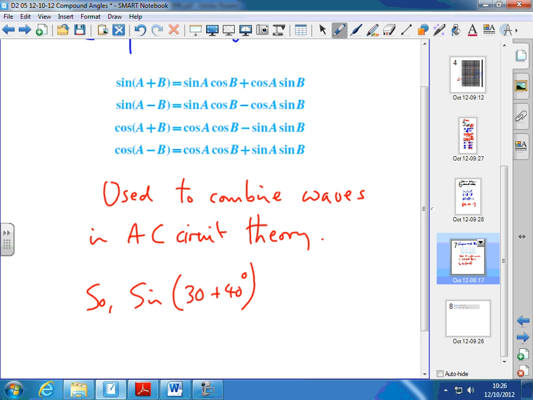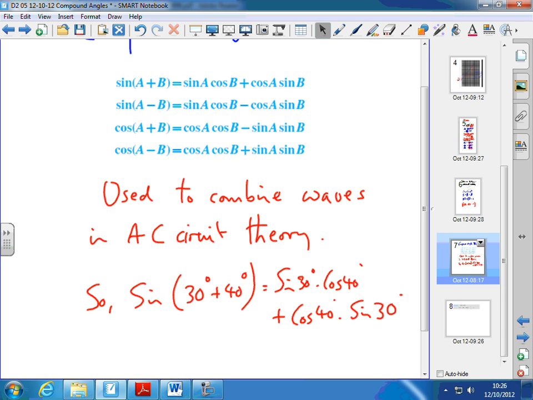And it can be written as the sine of 30 degrees multiplied by the cosine of 40 degrees plus the cosine of 40 degrees multiplied by the sine of 30 degrees. That's what it's saying.